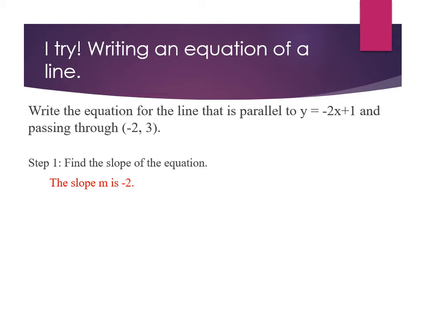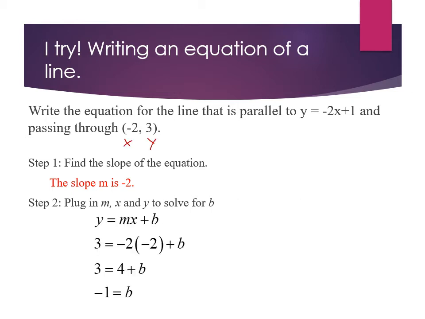Now we have our point. That gives me an x and a y. I want to take that x and y and plug it into y equals mx plus b. So I'm going to plug in negative 2 for the x, another negative 2 for the m because that's the slope, and a 3 for the y.